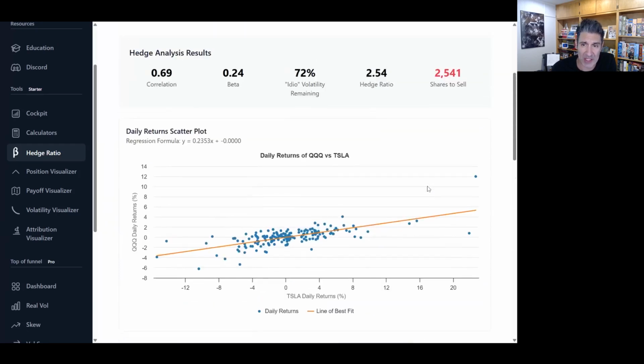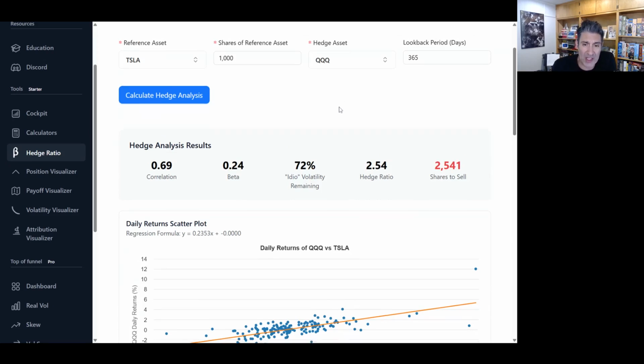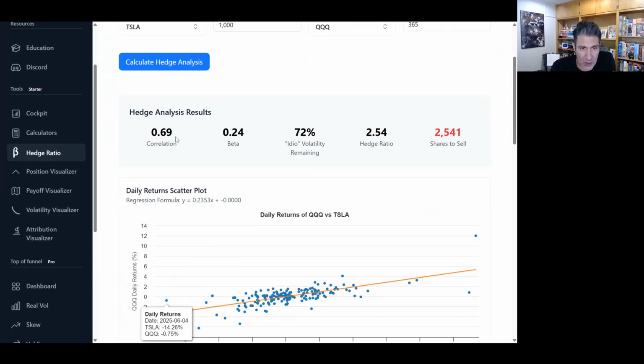Okay, so let's go back up to the top here. Let's talk about the relationship, QQQ versus Tesla. Over the entire sample period, the correlation is 0.69. You could compute that in Excel, just use the correlation function, and this is using daily returns.